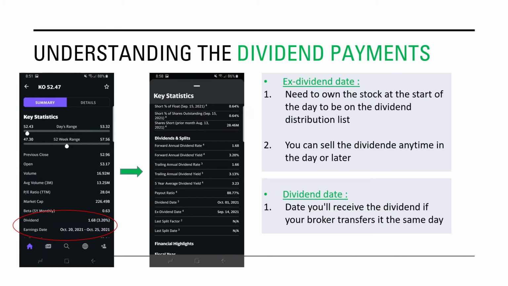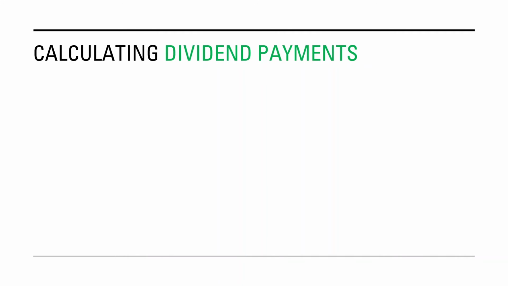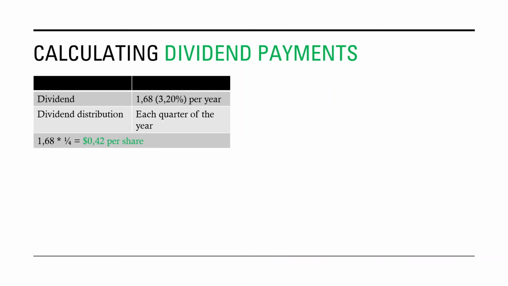Now what that means is you need to own the stock at the beginning of that day to get the dividend from the company. And you can sell your shares anytime after that, the same day or later, it doesn't matter. And the dividend date, which was the 1st October, is when you'll receive the dividend in your account from your broker.